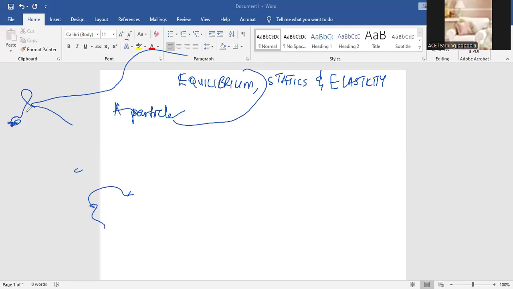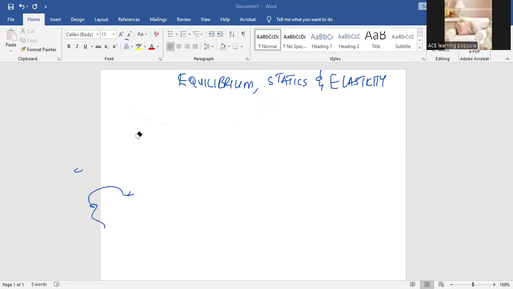A particle is in equilibrium when it does not accelerate, when there is no unbalanced force acting on it.